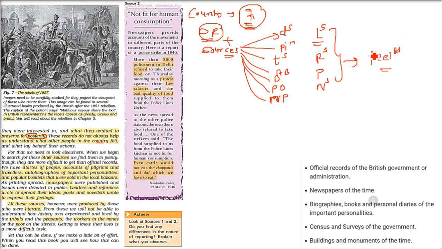All this information is very important, but who can write? A person who is literate can write. The people who are not literate cannot write.